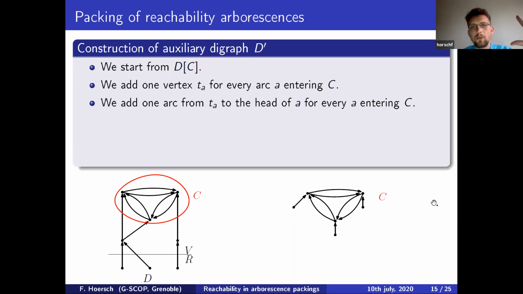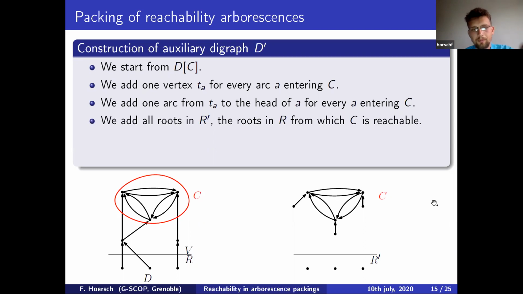But I do not actually need all of the roots. The only roots I need are those that can actually see that strongly connected component. And I will call them R prime. So in my example, it's the same roots. But if you have an example where there is some root from which no vertex in C is reachable, then I will not use these roots in that graph.